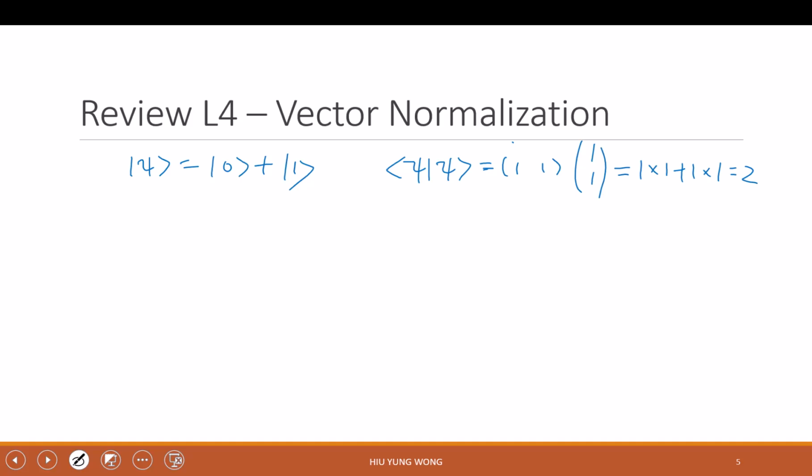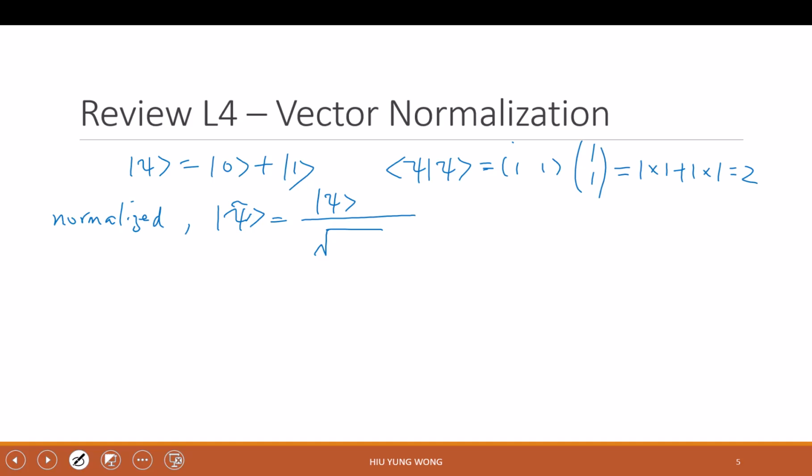So let's normalize it. We already discussed how to normalize it in the last lecture. You try to appreciate the equation, but at least you need to know that the normalized vector equals the original vector divided by its length. Which makes sense, right? If you are too long or too short, I just divide by your length, then you will be normalized.